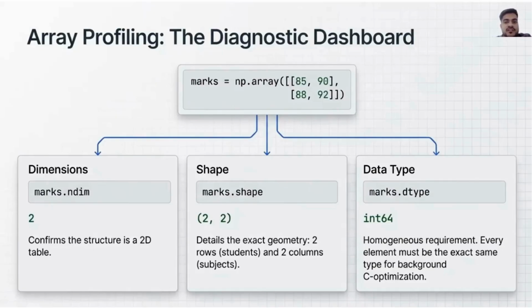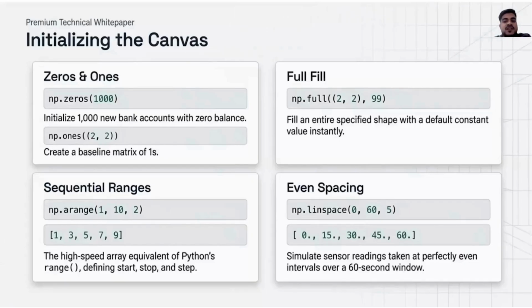Now moving towards the next, we have initializing the canvas. How can we initialize this? Before analyzing our data, we often need to generate a blank canvas. NumPy makes initialization incredibly fast. You can use np.zeros or np.ones to initialize baseline matrices, like 1000 new accounts with zero balances.